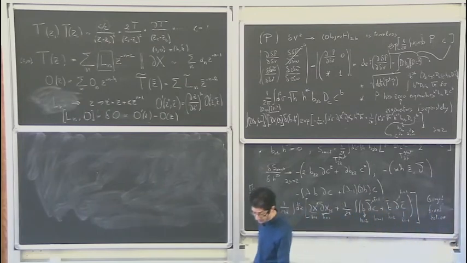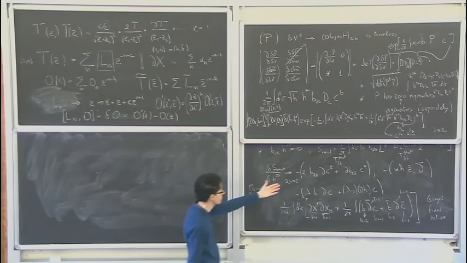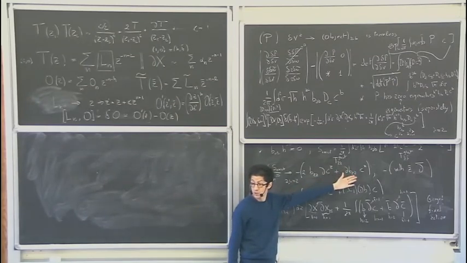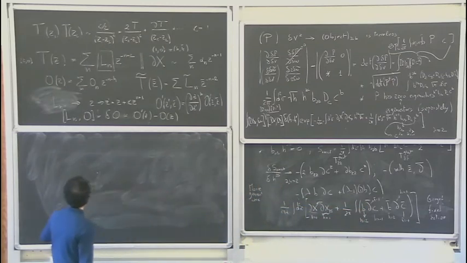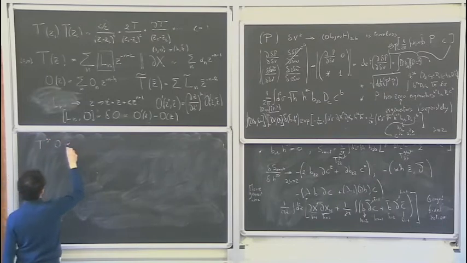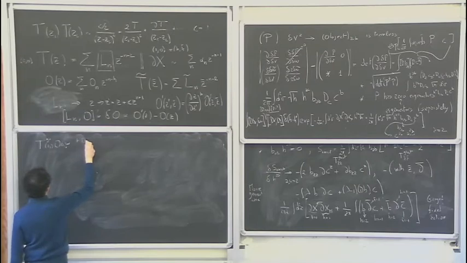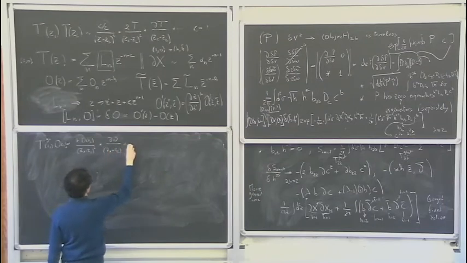You can check this very explicitly by calculating the OPE of this stress tensor with B and C. If I claim that B is a primary operator of dimension 2, it has to satisfy the relation that T ghost with an operator O has the OPE, z1, z2, is h O(z2) divided by (z1 minus z2) squared plus ∂O over (z1 minus z2), dot dot dot.